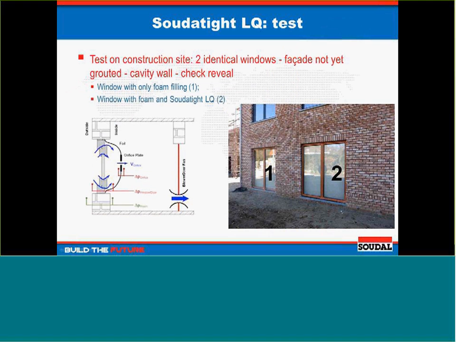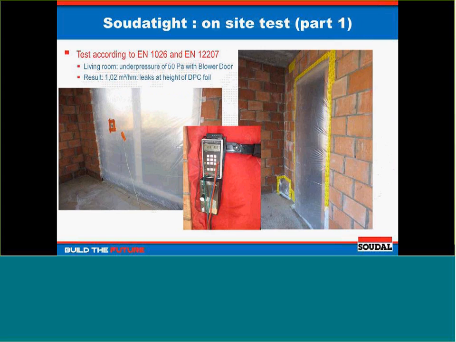As I said before, in situ testing on airtightness is not very easy, as probably other people can confirm. We had the luck of finding a construction site with 2 identical windows in one living room. We masked off both of the windows and we tested both of them.